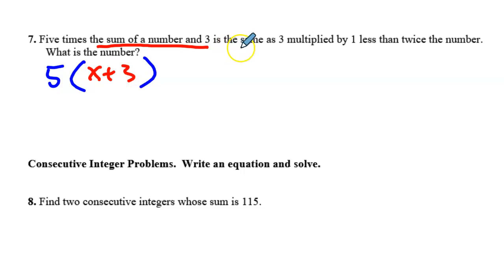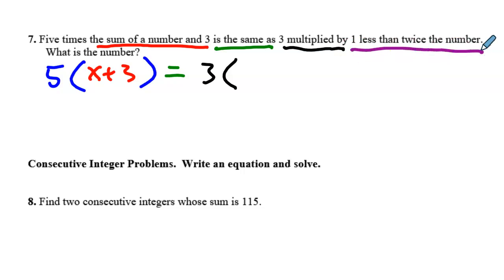Is the same as 3 multiplied by 1 less than twice the number. Now, again, 1 less than something means you write the something first. So twice the number, and then 1 less.